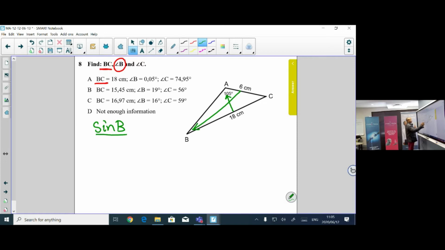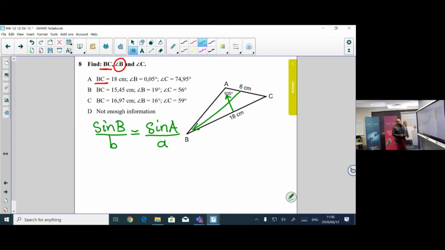And so sine B over small b is equal to sine A over small a. So you can see the inversion we have used here. In this case, we are aware that we are looking for an angle, so we decided to start by putting the angles on top, which is your sine B over b equals sine A over a.